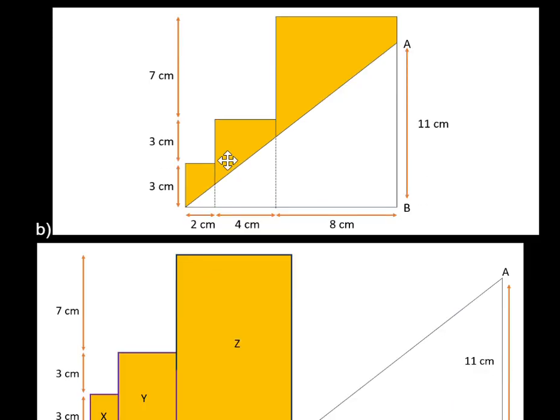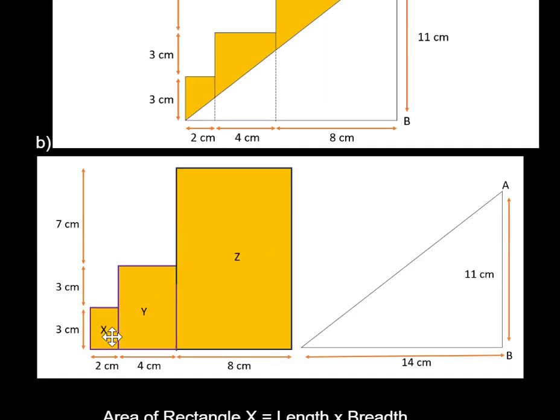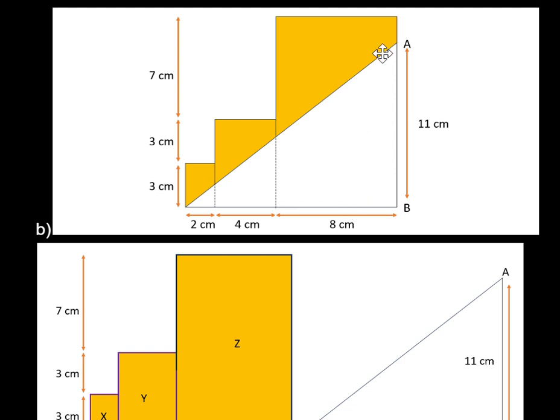For part 2, you are supposed to find the area of the shaded part. Now we know all the dimensions. The easiest way is to take it as 3 rectangles. If you find the area of the 3 rectangles and subtract away the area of the triangle, what is left is the area of the shaded part.